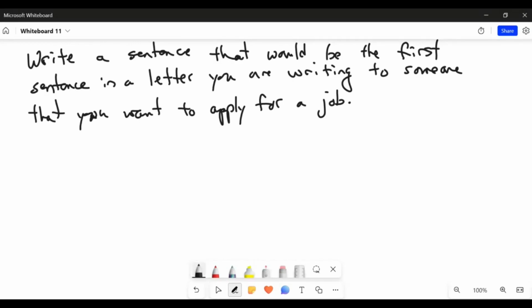So think about that for a couple of minutes and write a sentence that would be the first sentence you would write in a letter, and you're writing that letter to someone that you're wanting to apply for a job with. You're trying to convince them in this letter that you want the job. What would be the first thing you would say?